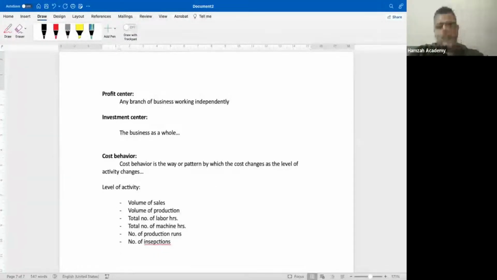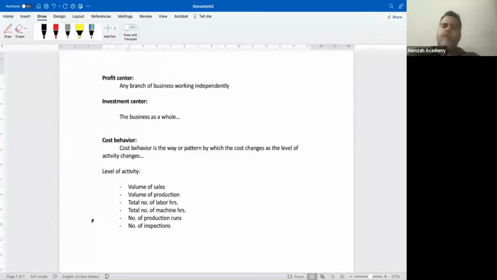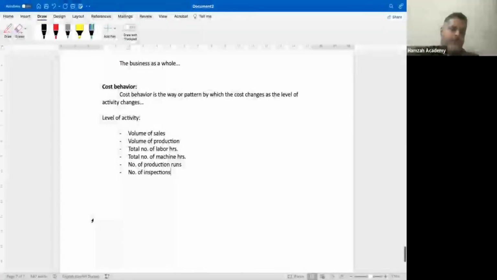It can be anything, right? If you want cost behavior according to the volume of sales, you look at which costs change with what volume, or the number of production runs, like how many setups you do, according to which the cost is increasing or decreasing. How the cost behaves is something we are going to call the level of activity, right?